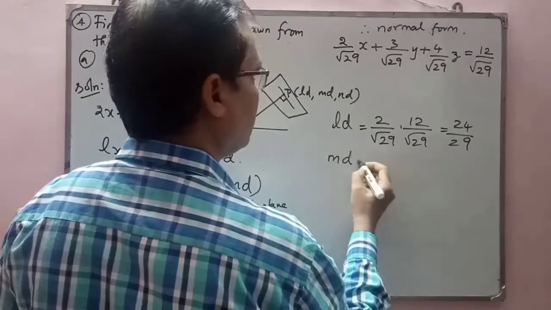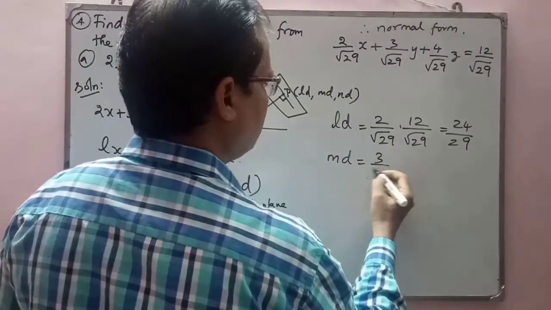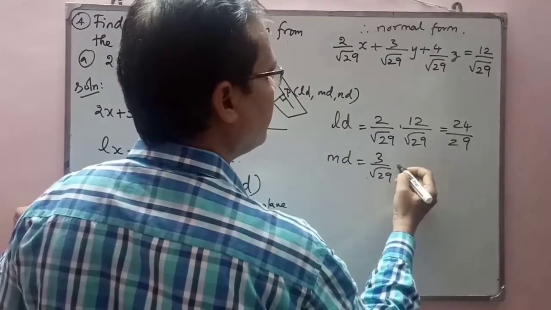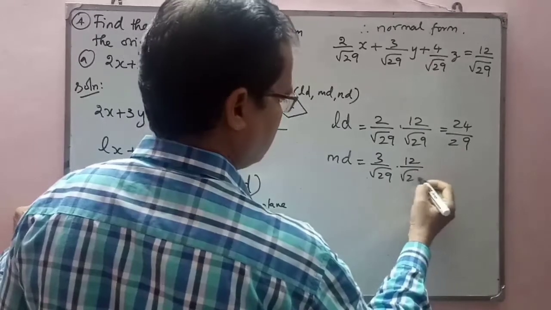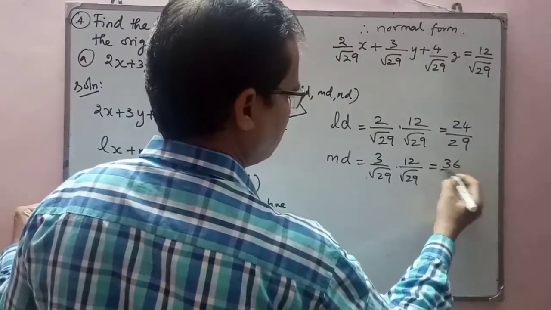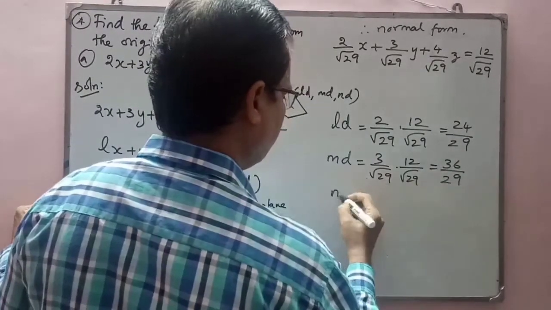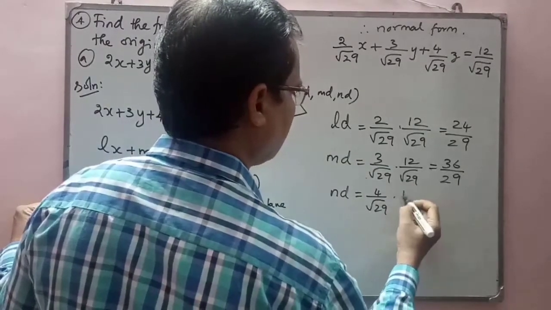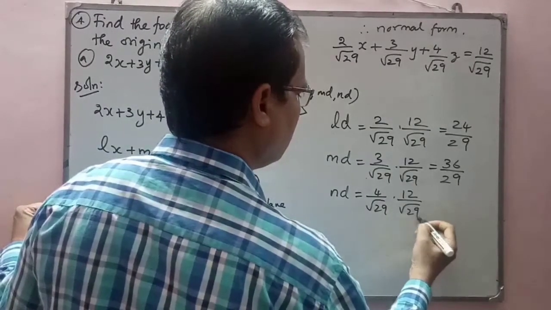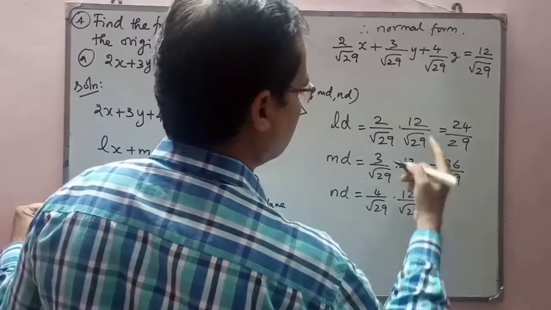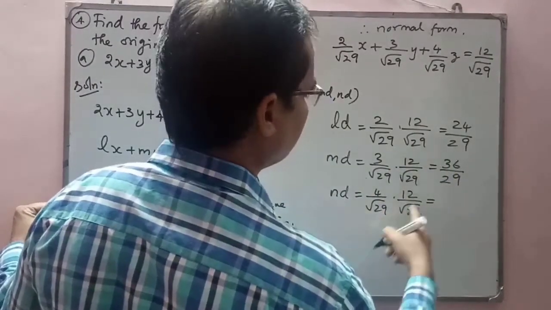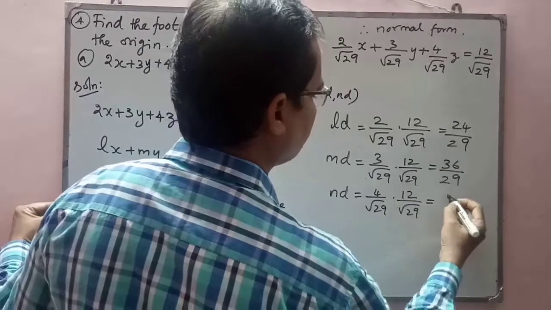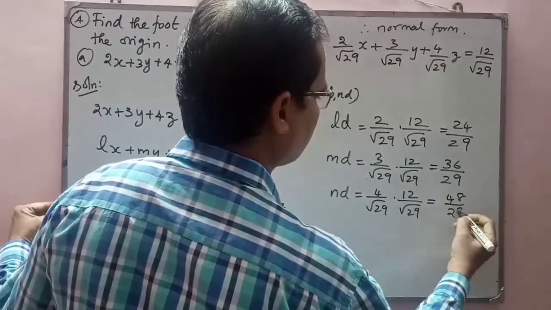m into d: m is 3 by root 29, times 12 by root 29, is 36 by 29. n into d: 4 by root 29 into 12 by root 29, which is 48 by 29.